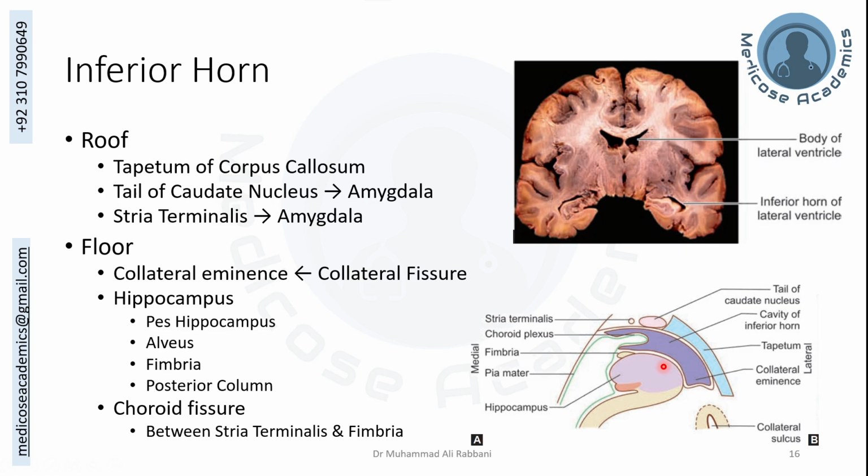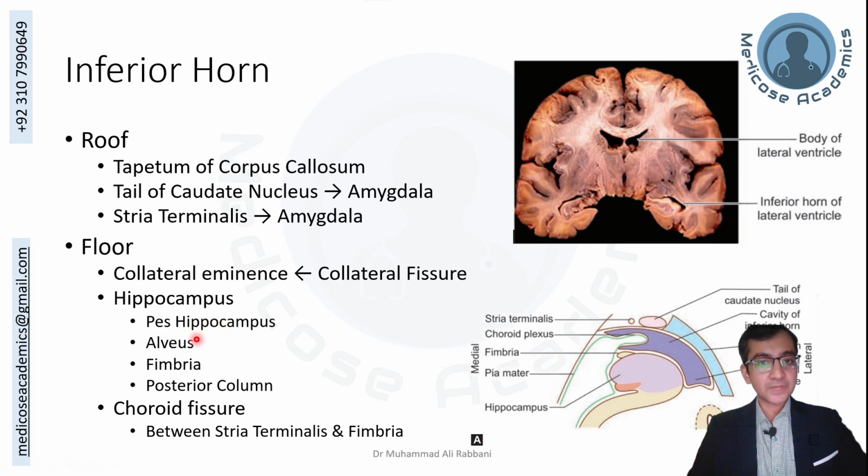On the inferior aspect, the major item that you will see is the hippocampus. The hippocampus, you can see, is present in the temporal lobe of the brain. And here you will be looking at a few words: pes hippocampus, alveus, fimbria, and posterior columns. So let me put you at ease.